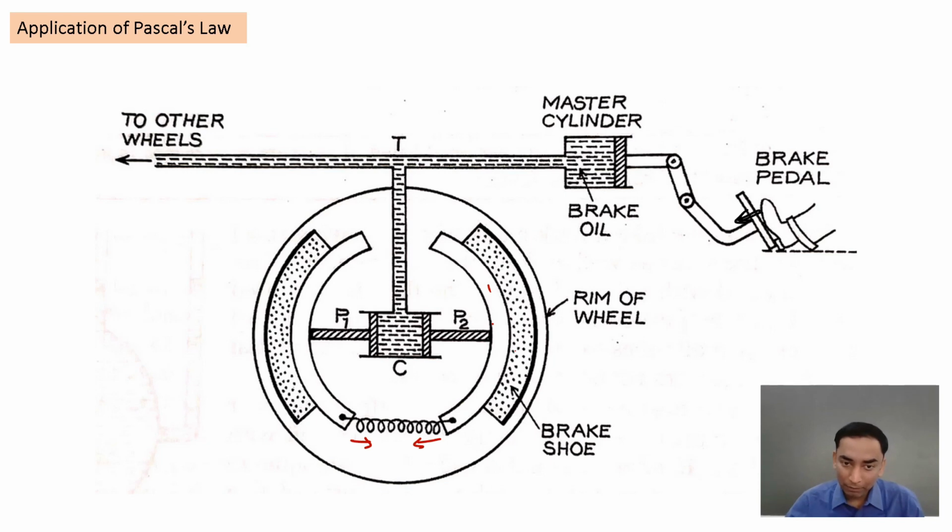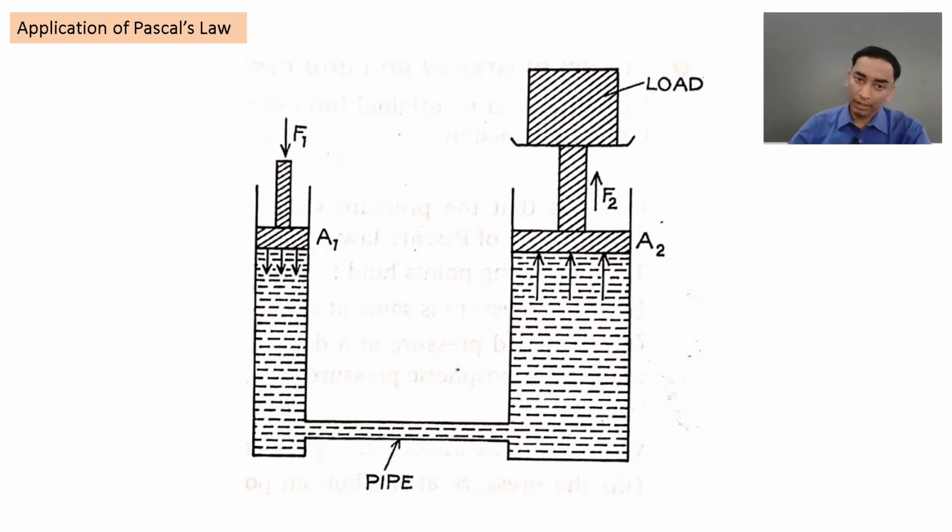As a result, the P1 and P2 pistons will be pushed inwards, so the oil volume here will decrease. The oil will be pushed upwards again and fill the master cylinder, which will push this particular piston outwards, and the brake pad will come back to its original place. So this is how it works.